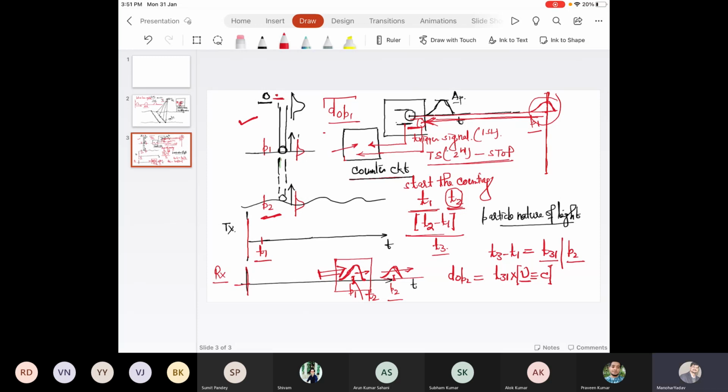Tell me, is it correct? The distance from O to the water bed, the point P2 that lies at the water bed. So the distance from the origin O to P2 is equal to the time difference between the transmitted laser pulse and the return from the water bed, T31, into the speed of light, that I'm taking as C.